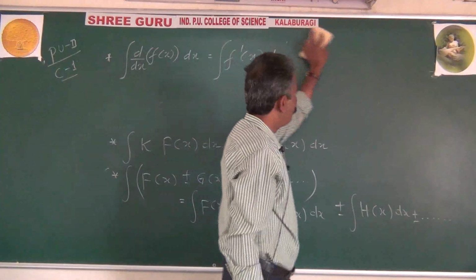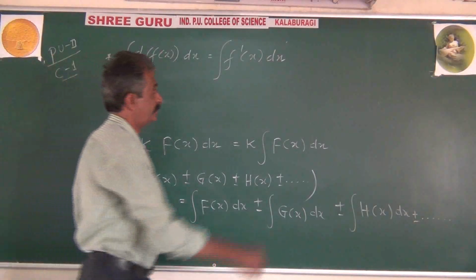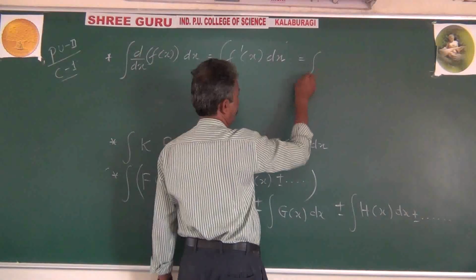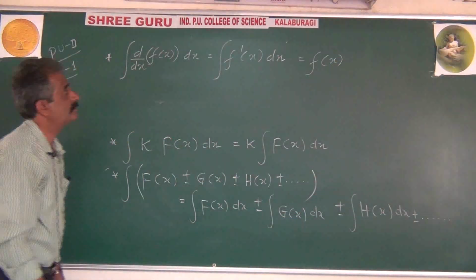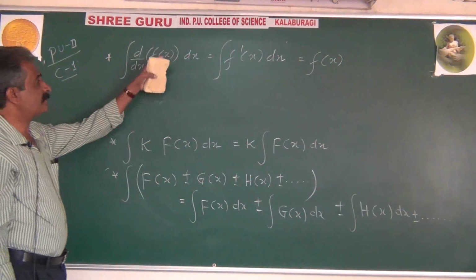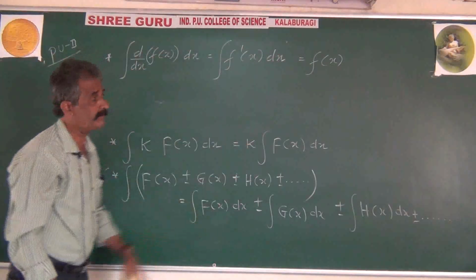So it will be the original function. What's the original function? F of x is equal to f of x. If there were an addition of plus c, we must write plus c here. Here that c is omitted.